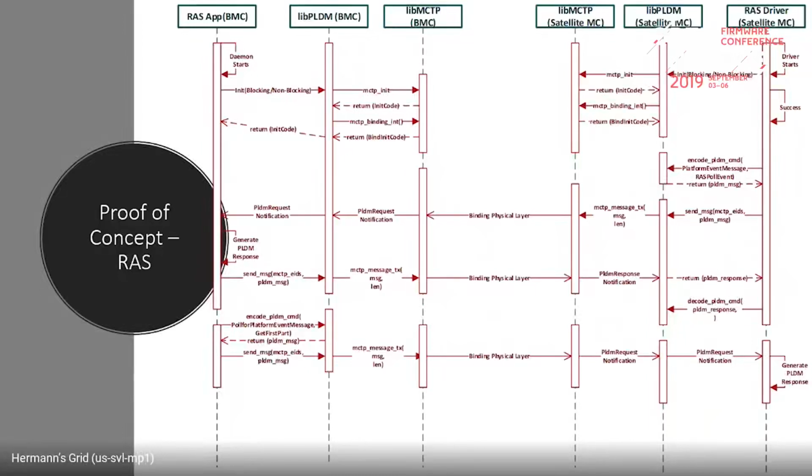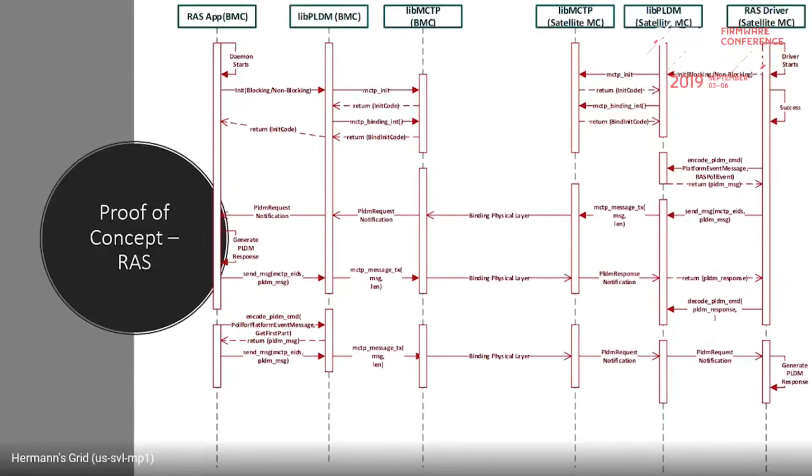The RAS driver will have that status with it. So once the RAS driver on the satellite management controller either generates a CPER or receives the CPER, it invokes the encode PLDM command API, which I guess is part of libPLDM.